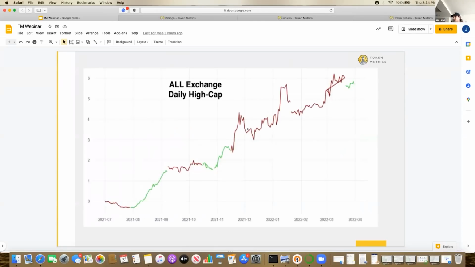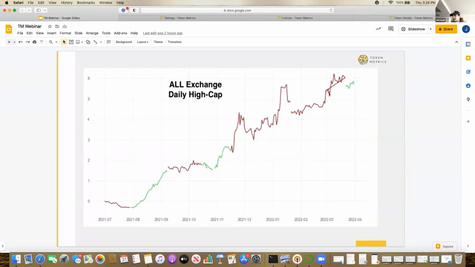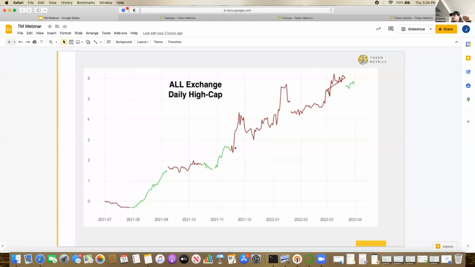Well, it did perform extremely well. What I did here is I took the signals on the entire market and plotted them on the return of our all exchange daily index. So here's the cumulative ROI of our all exchange index, which is this one essentially, and in red is when the market was in a bearish regime.